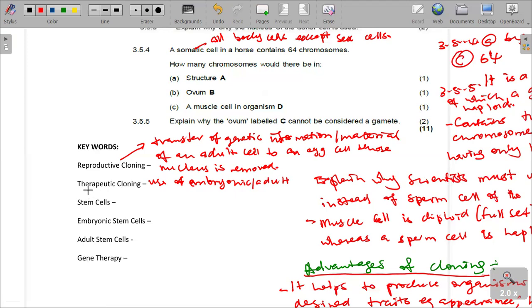Use of embryonic or adult stem cells to produce new tissue cells to treat diseases, to produce new tissues to treat diseases.